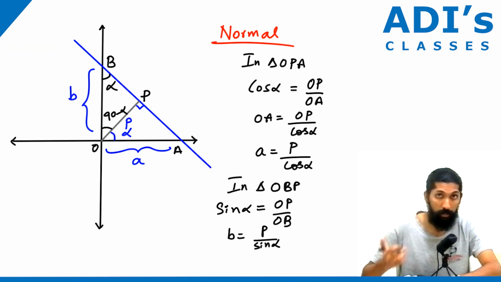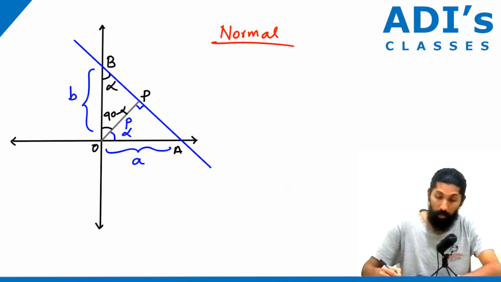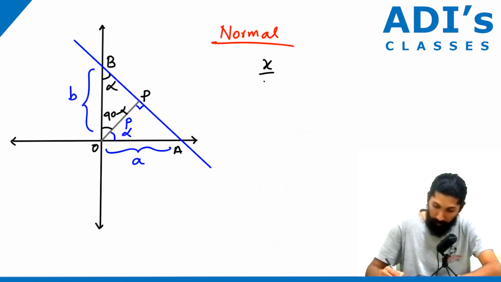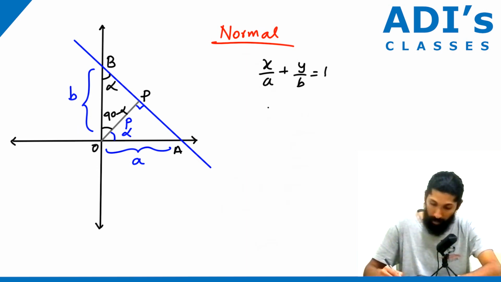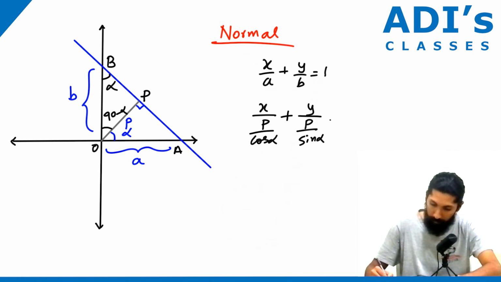Let's substitute these values. We are going to substitute in the equation x by A plus y by B is equal to 1. What is A? A value is nothing but P by cos alpha. Substitute: x divided by P by cos alpha plus y divided by P by sin alpha is equal to 1.